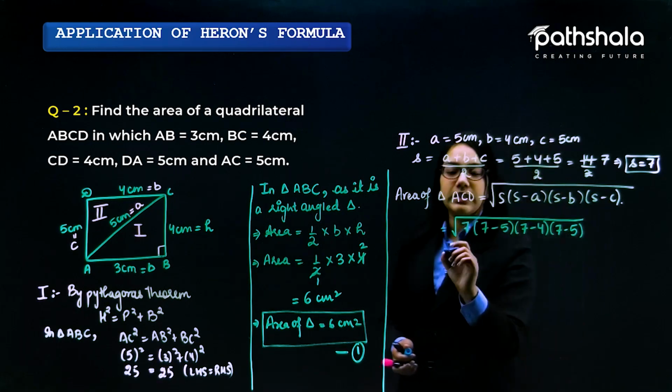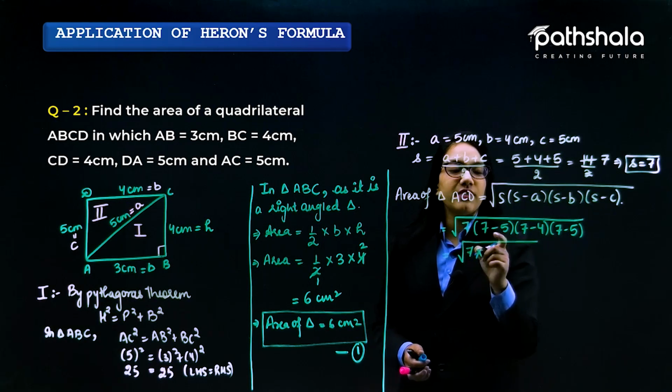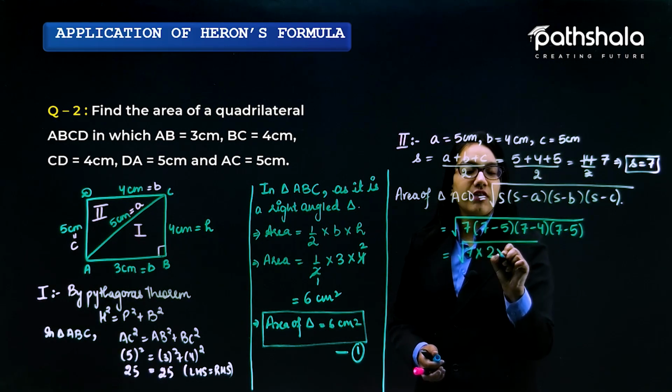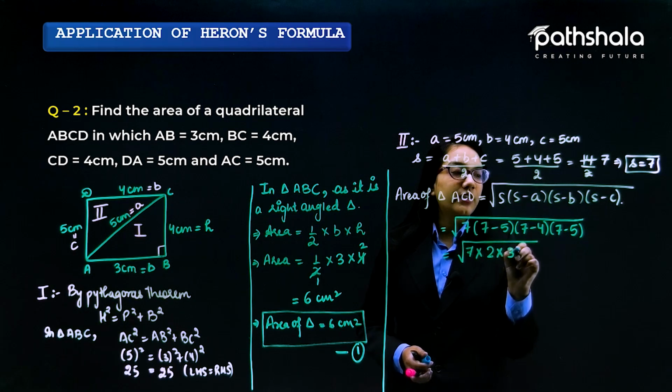This is the square root of 7, 7 minus 5 is 2, 7 minus 4 is 3, and further we have 2.